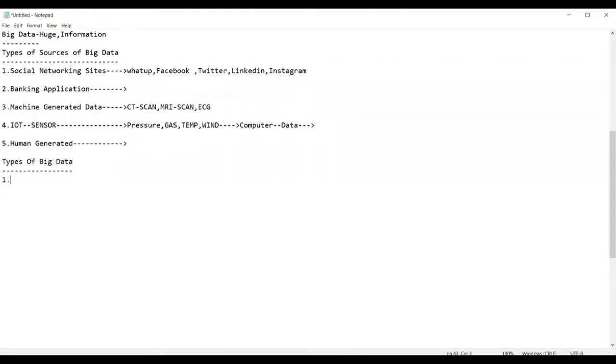The first type of big data which you can consider is called structured data. Structured data means what? I'll type it. Guys, I'm writing it: name, ID number, and salary.